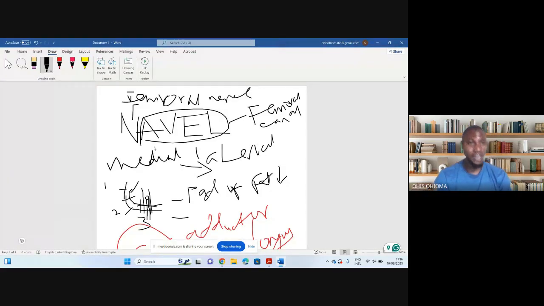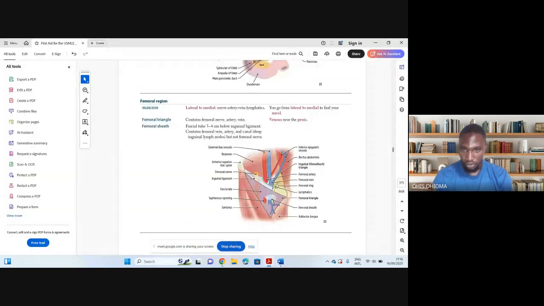The femoral triangle, this triangle here, has the nerve, the artery, the vein, the lymphatics. But the femoral canal, this dotted line around here, is the femoral canal. And you can see that the femoral nerve is not part of it. I don't know, does that make sense?